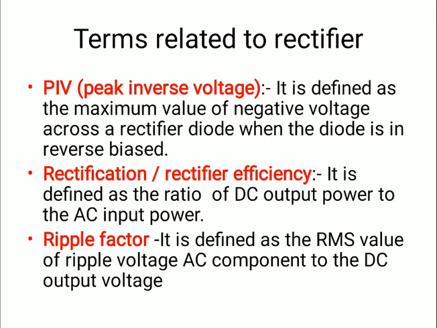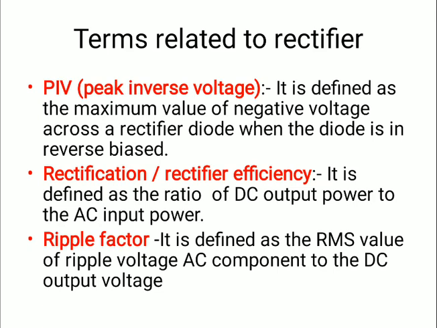Ripple factor is defined as the ratio of the RMS value of the ripple voltage, the AC component, to the DC output voltage. This is just a definition to understand. Ripple factor means the ability of a rectifier to convert AC into pulsating DC.